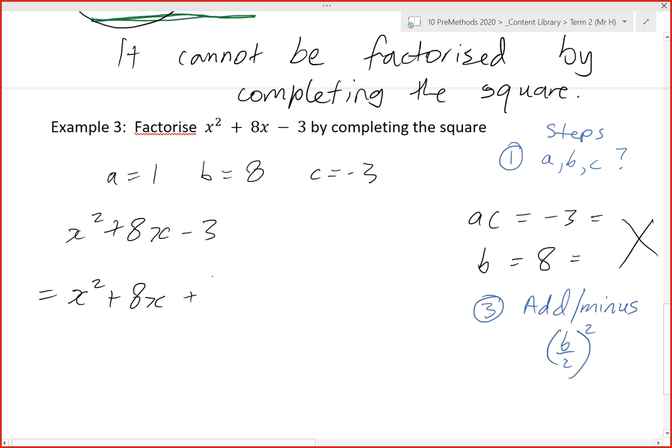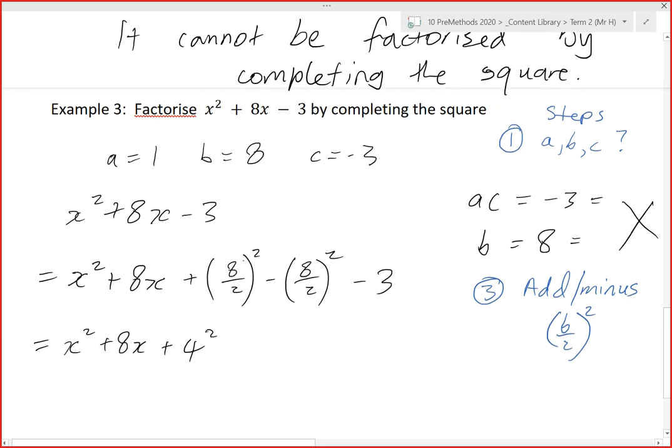So we've got 8 over 2 squared minus 8 over 2 squared, and then we bring this minus 3 at the end. This is 4 squared. So I know, and this works every time.